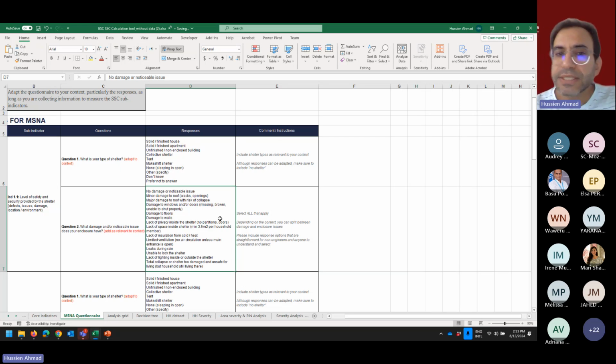So basically, this is something for self-assessment by the household itself. You will ask this question and they will tell you what they reply. And of course, when the enumerator is collecting the data, they will be able to verify what they are talking about. So this is a simple way of measuring or collecting information or data on damage.